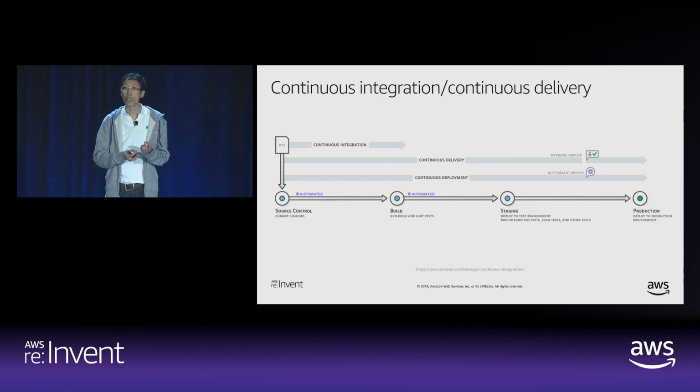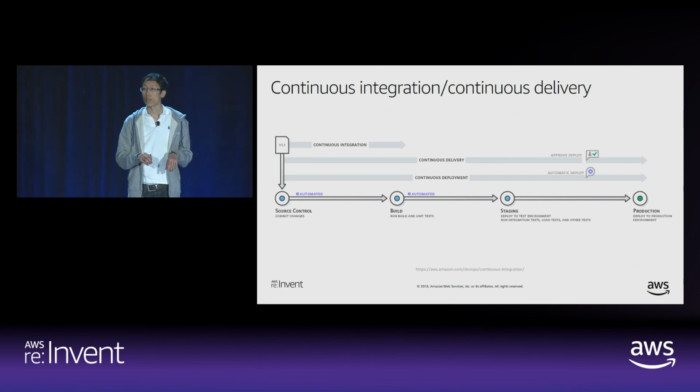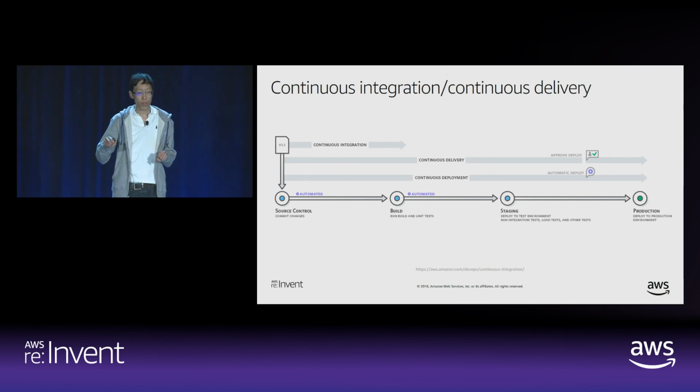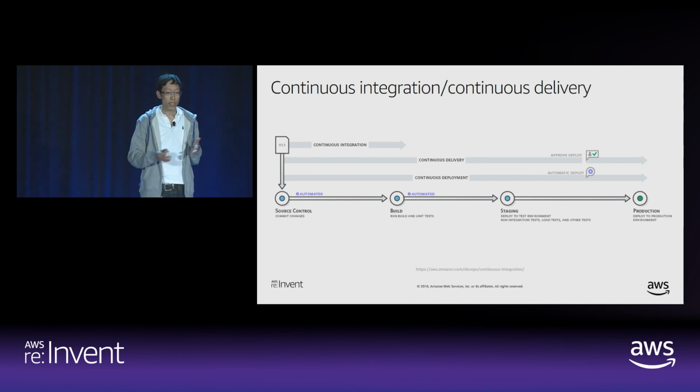That's normally called version source control. After source control, we build the release of the software. So CI builds from the source code and goes through the builds. CD means from the source code to the build, and the build gets deployed into staging. Then we have some kind of approval process, and then we deploy it into production. So this is CI/CD.